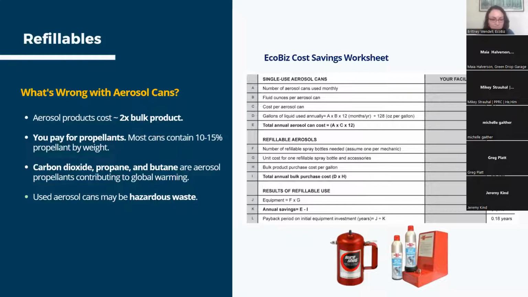The last thing I'll mention is that EcoBiz has a cost savings worksheet that I'm happy to share with anyone considering switching from single-use aerosols to bulk, so that you can see how much money you can save and the payback period.